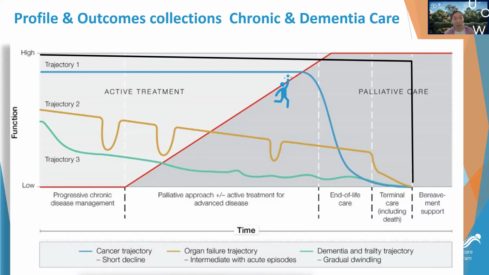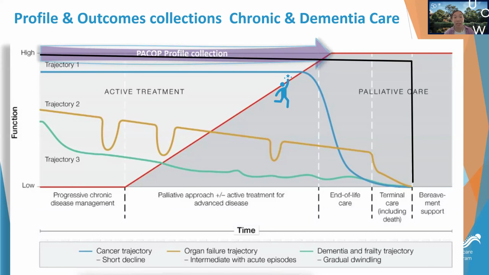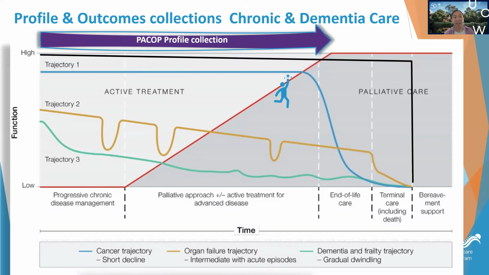So hence, it is really important that as soon as they get admitted into the facility, we screen everyone. And that's why with profile collection, we do it on admission and then regularly. That way, no one falls through the cracks, because whether they're admitted for respite or permanent care, at least we understand what their baseline is, and then we capture the change quite regularly throughout.